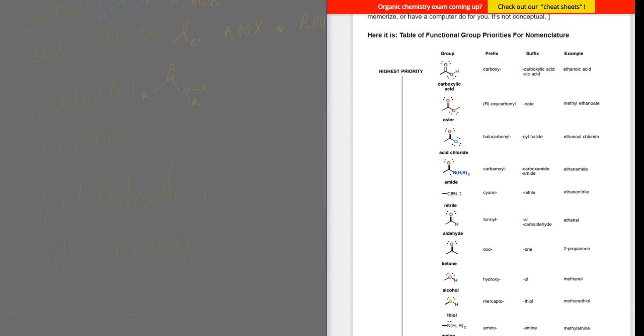Nitrile. Never really seen carbonyl. Carboxamide, amide.